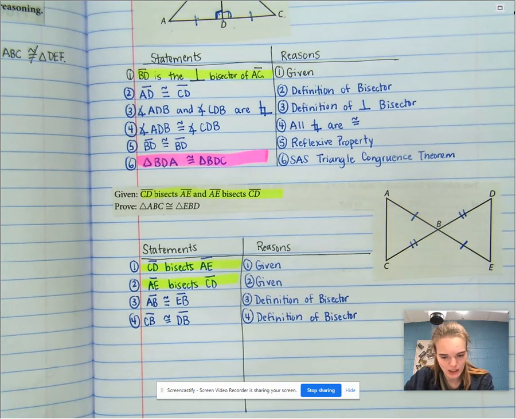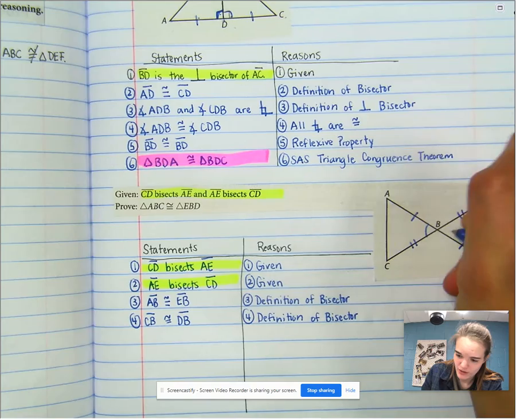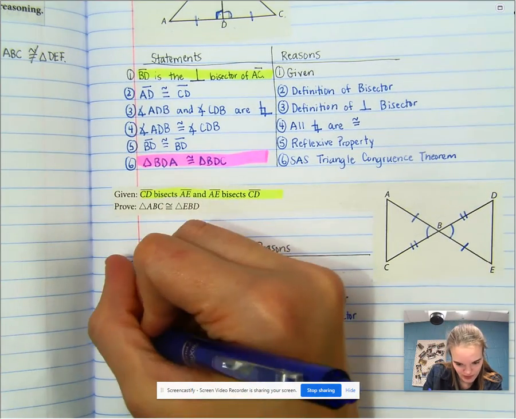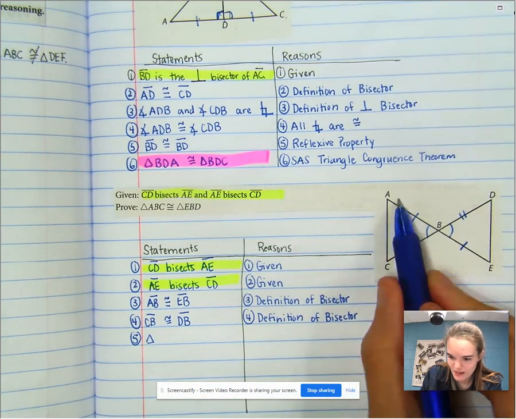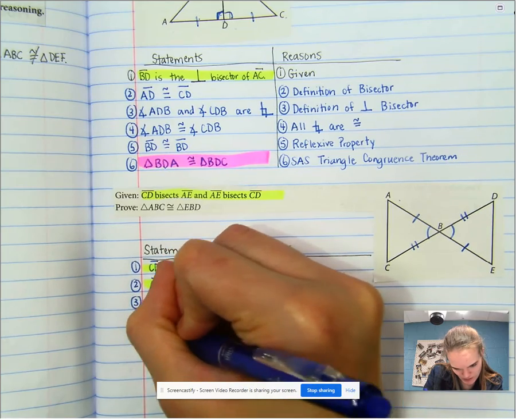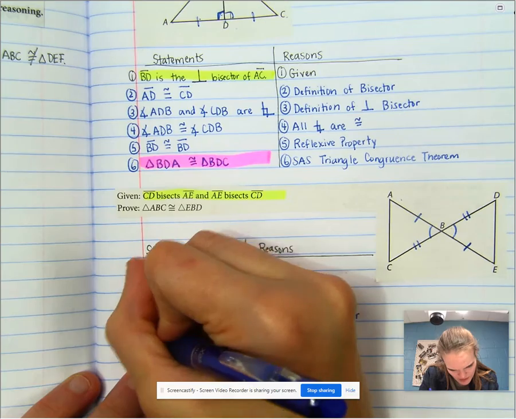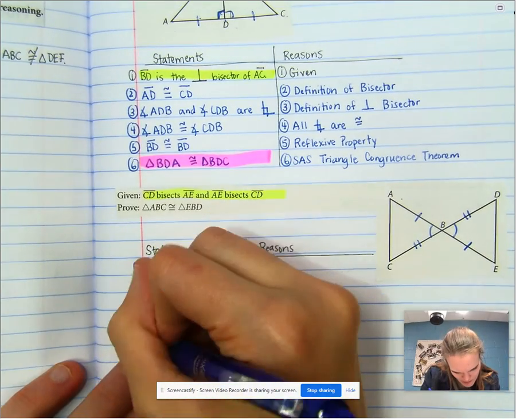All right, let's see what I got. I've got a side and a side. I need an angle. Specifically, I need the angle in between these sides, which would be this one. Are they congruent? Yeah, here's why. They are vertical. Now let's think about naming them.